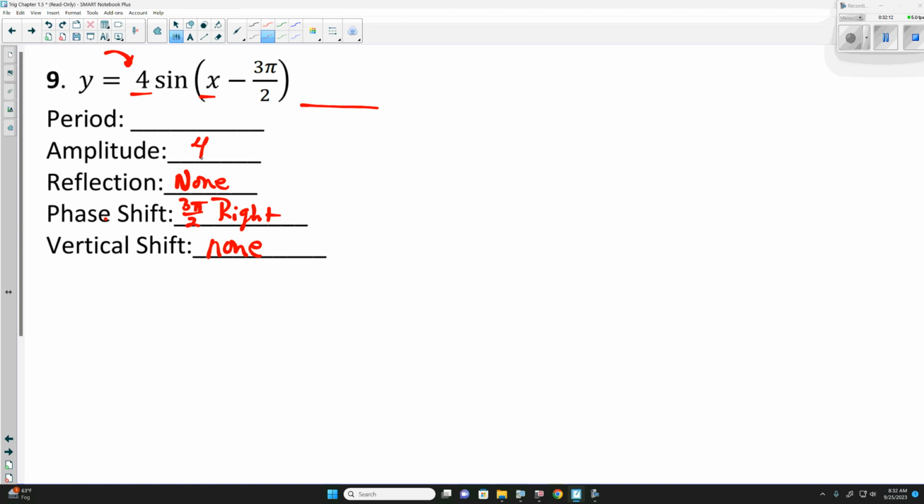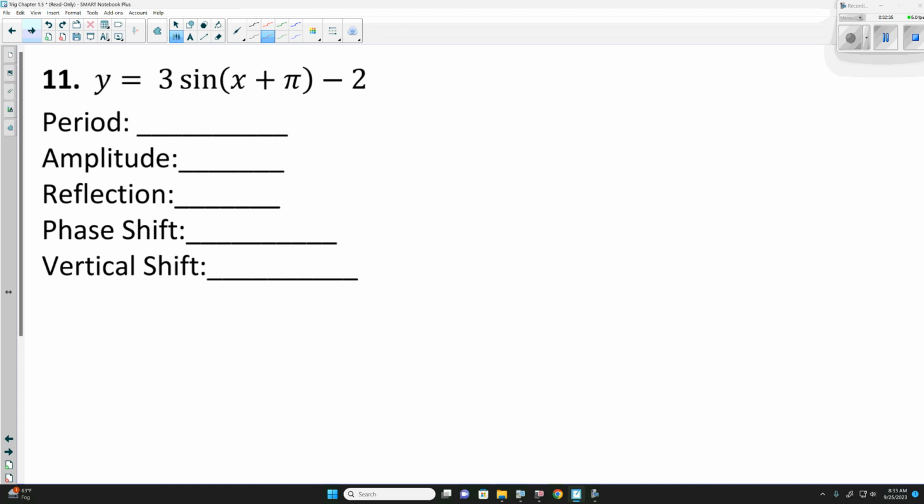And the period, well, that takes in the B value, which is 1. We'll say 2 pi over 1, which is just 2 pi. And that's it. Questions on this here?